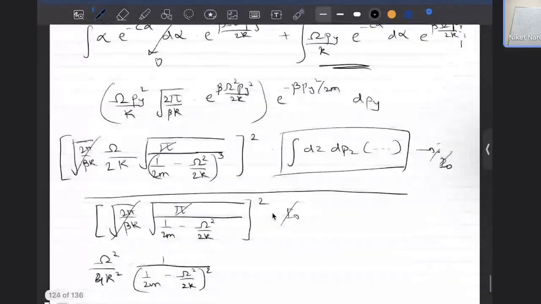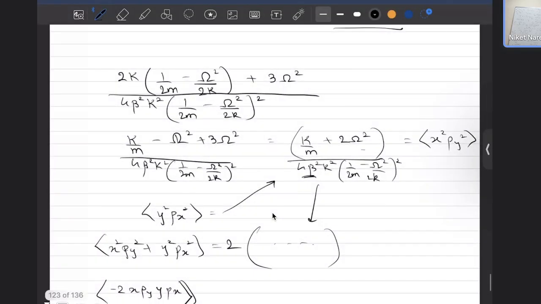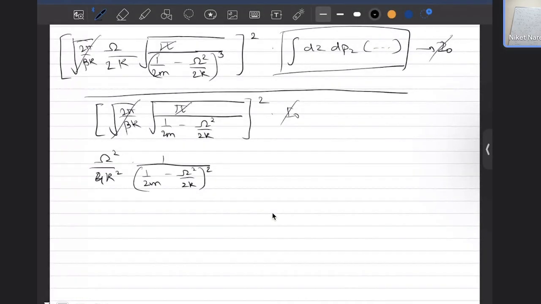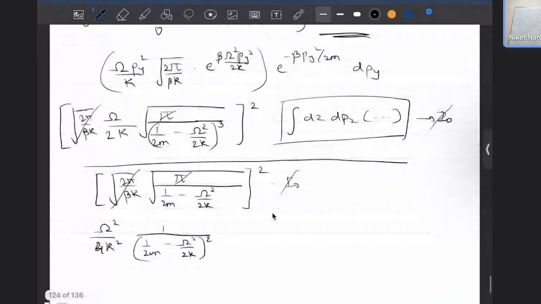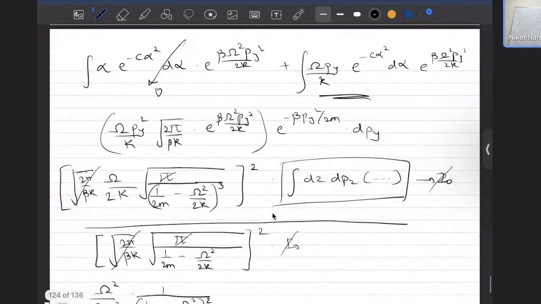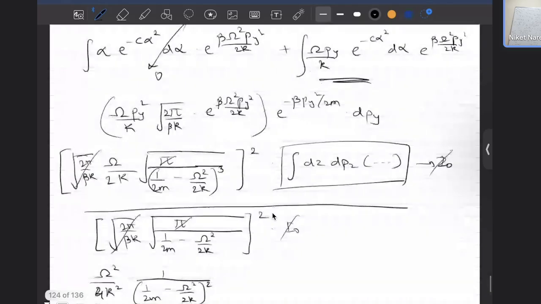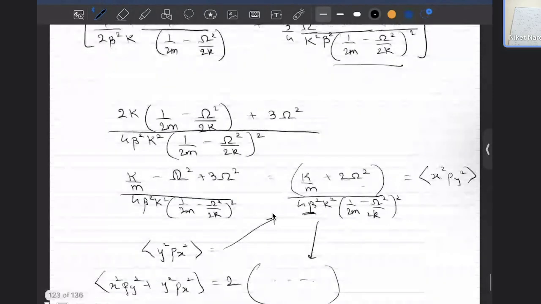Kappa by m plus 2 omega square. Is there a 4? Okay. It's beta square. I might have missed a beta somewhere. I'm sure I would have missed a beta, because otherwise this won't be dimensionally similar, right? So I'm sure I have missed out on a beta here. Let me just take this term down.